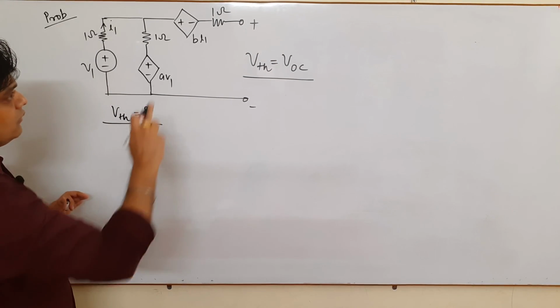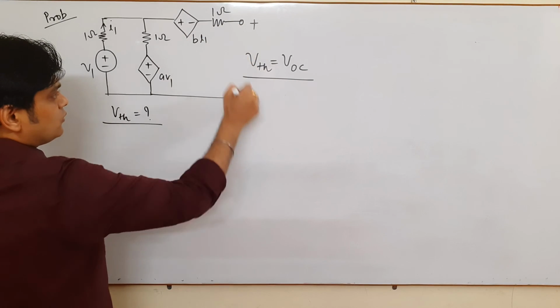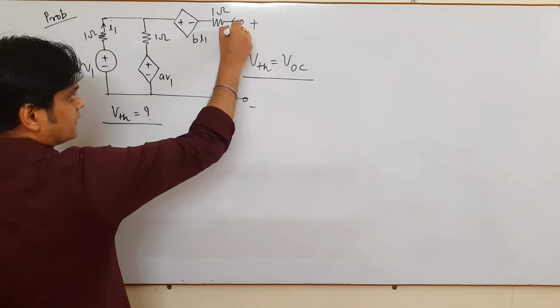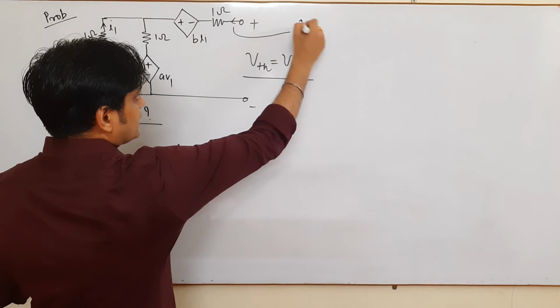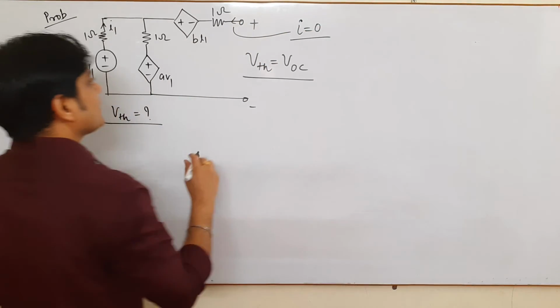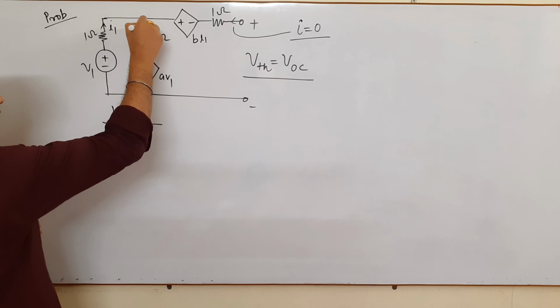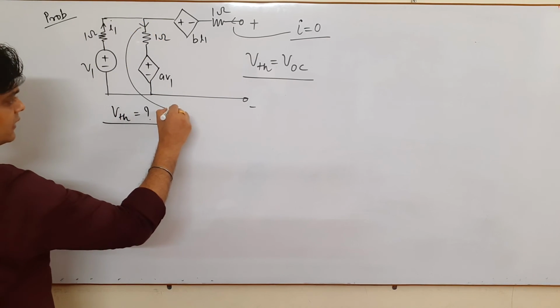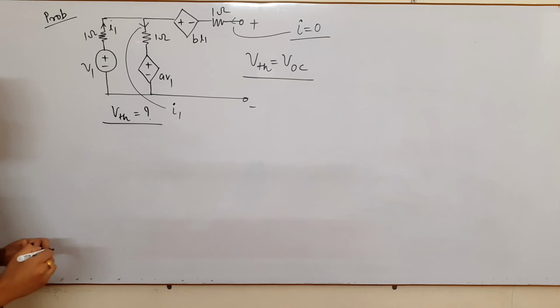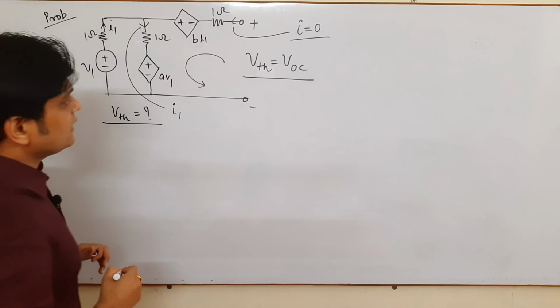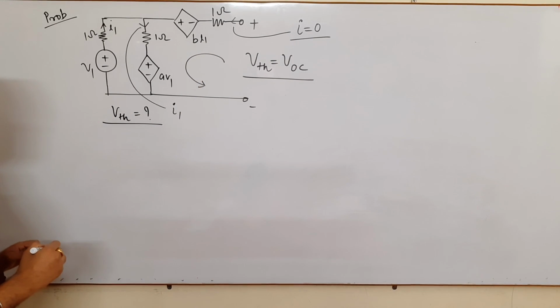Now the important thing is, when these two terminals are open circuited, no current enters here. So whatever the current here is, you can say it is 0 ampere. Why? Because it is open circuit. So this current I1 will enter this branch, and the current here is also I1. Very important thing. So should I apply the law of KVL in this direction? Yes.